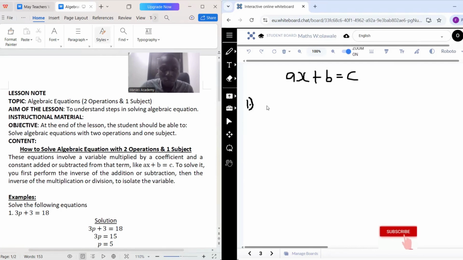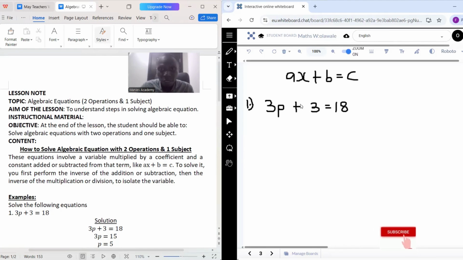In our first example here, we are asked to solve the following equation. We have 3p + 3 = 18. The first thing that I want to do here is to subtract 3 from both sides.